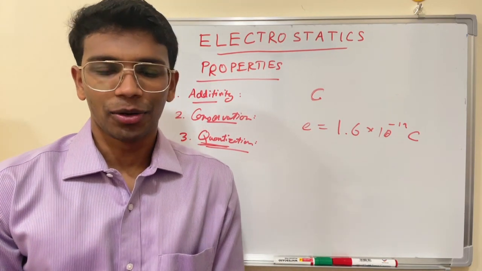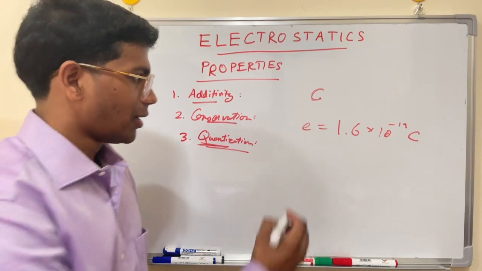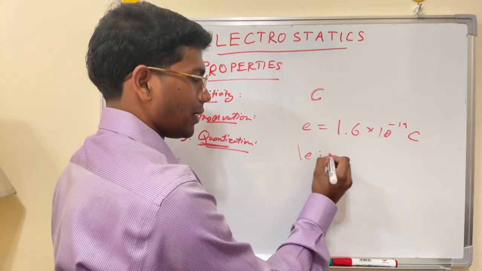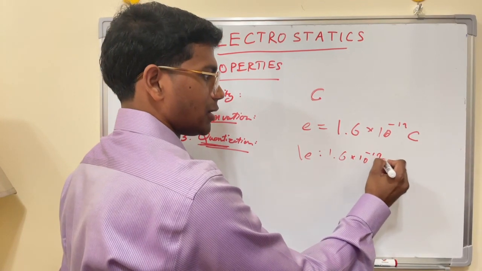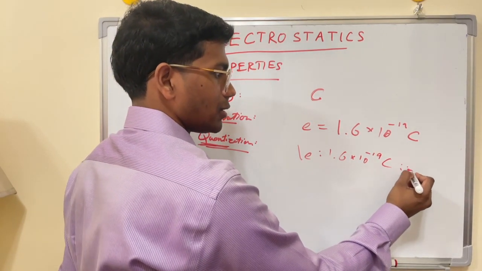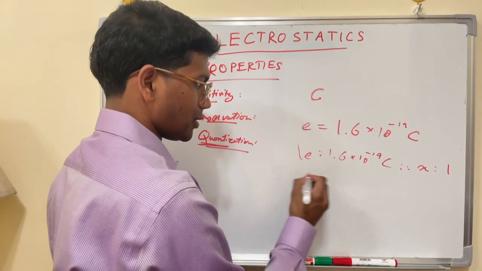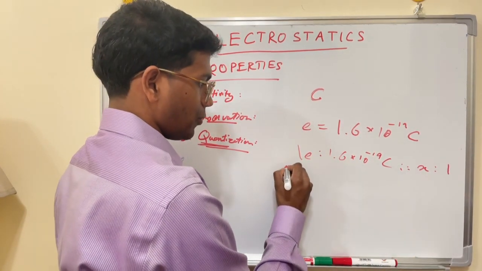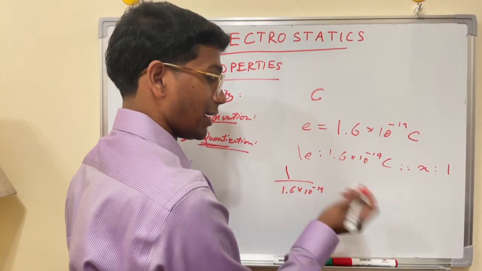So you might be thinking, okay, how many electrons are there in a coulomb, right? Well, let's find out. We know that one electron is this many units of charge in terms of coulomb. So how many electrons are there in 1 coulomb? So let's just do this. We have 1 divided by 1.6 into 10 to the negative 19.